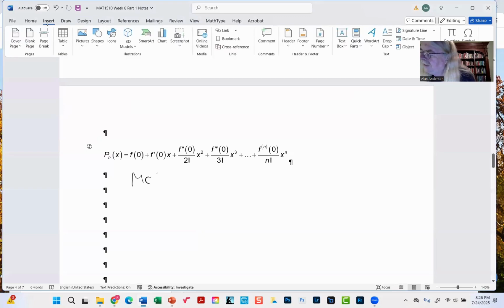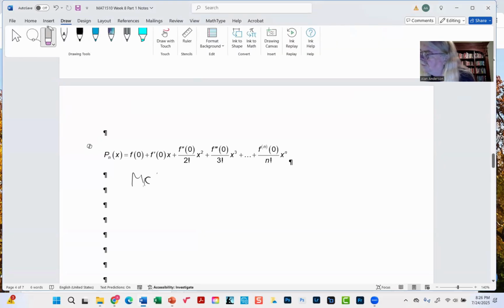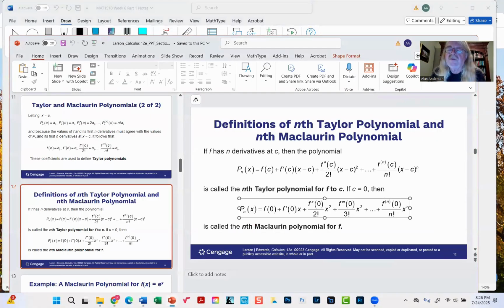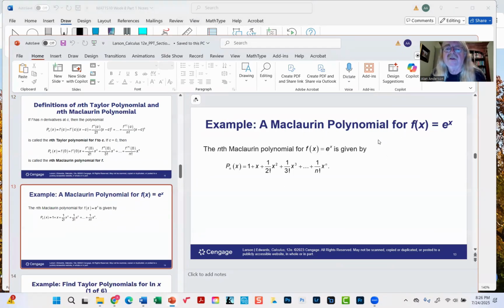I think that spelling means that it's Scottish. Okay. Now, by the way, the problems would tell you if you're supposed to use a Taylor series or a Maclaurin. Okay, it has to be specified in the problem if you're working on one.